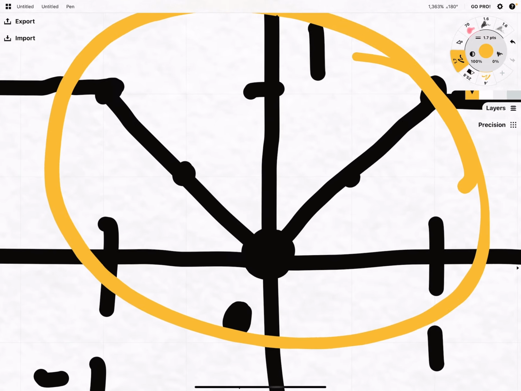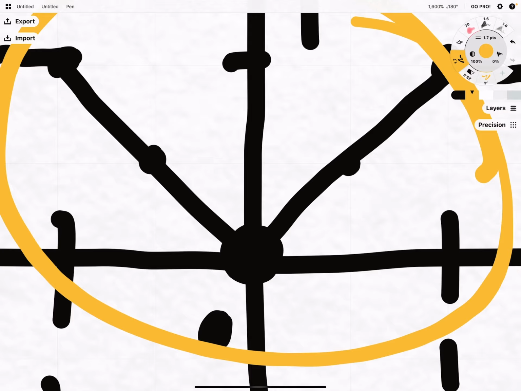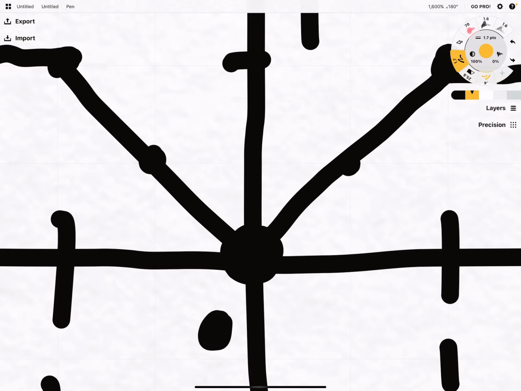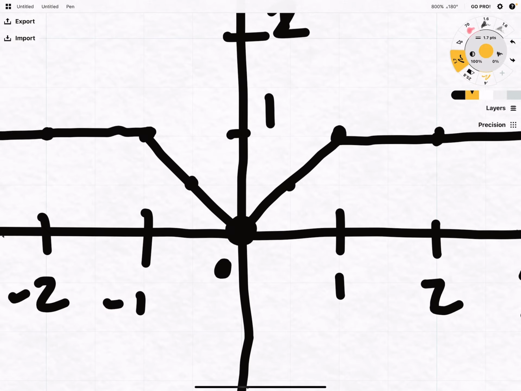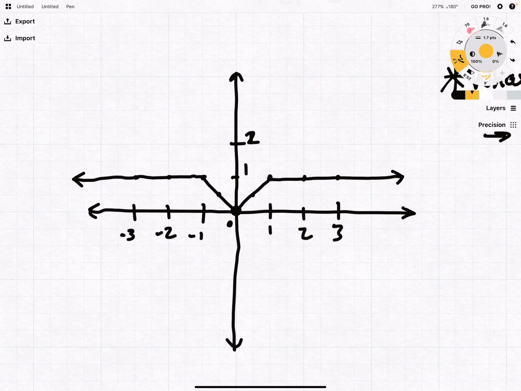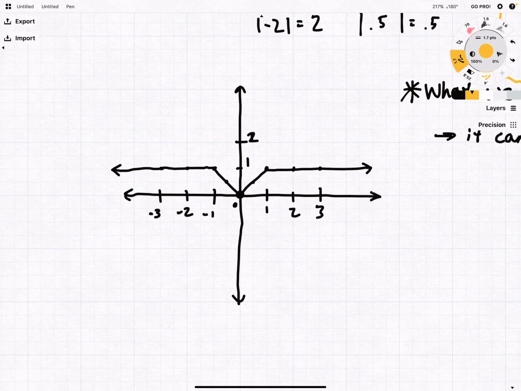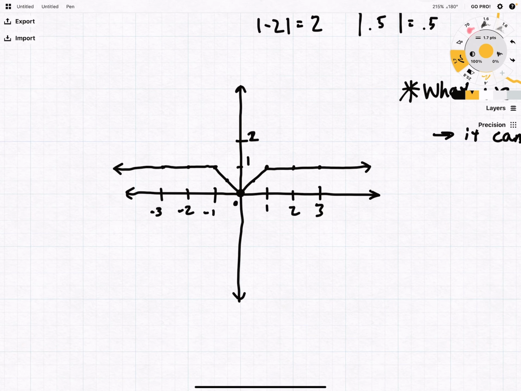If we zoomed in a bunch, you would say, yes, absolute value. But as we zoom out, we see that it flattens out on both of these sides. And that's what the graph looks like for problem number 49.